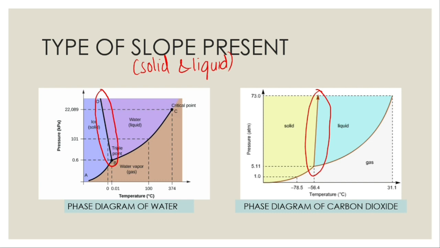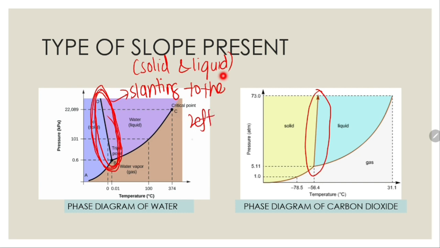It's very compulsory. In the phase diagram of water, you can see this solid-liquid line, or slope, is slanting to the left. Because of that, we name it a negative slope. Whereas in the phase diagram of carbon dioxide, even though you can't see it clearly, the slope is actually slanting a little bit to the right.